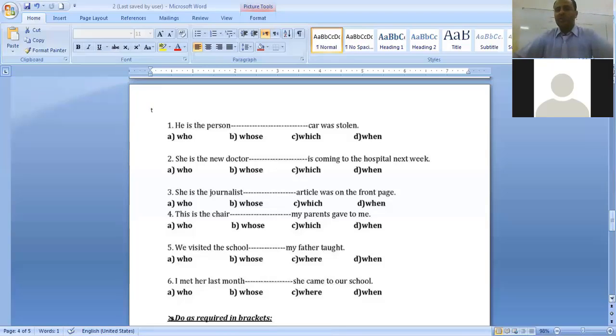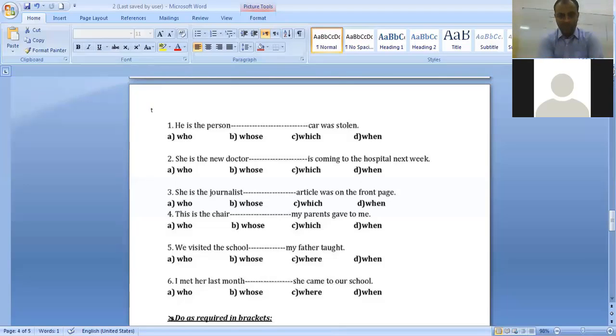Now, in the first sentence, we have two sentences. He is the person, and then blank, car was stolen. They were two sentences, but we have combined them together using these pronouns. They became one. Yes, Khalid, thank you.